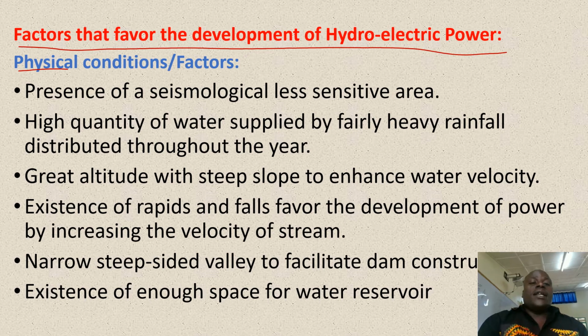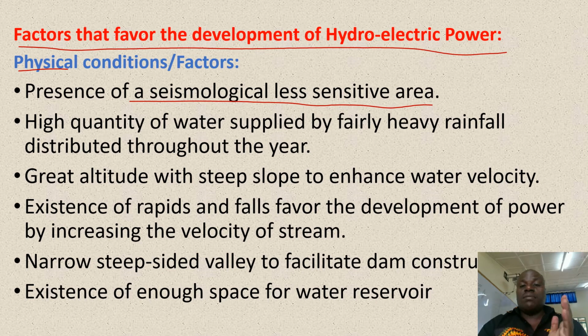Number one, absence of a seismically sensitive area. The area where this power station is going to be constructed should be free from seismic activities, because these may result in earthquakes and destroy the site or the dam.